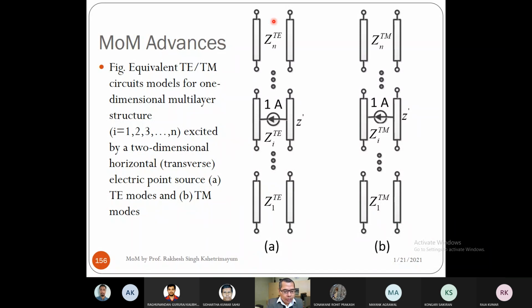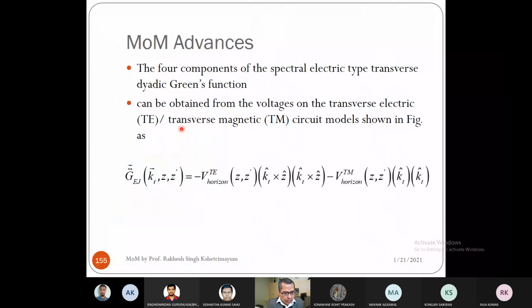So if the wave is propagating along the z-axis, the magnetic field will not have any z component for the TM case, and for the TE case the electric field will not have any component along the z-axis. So you have two models, one is the TE model, another is the TM model of that multi-layered structure we have considered here.